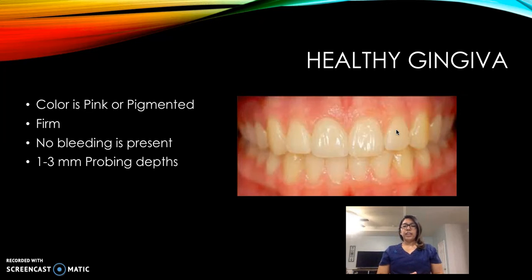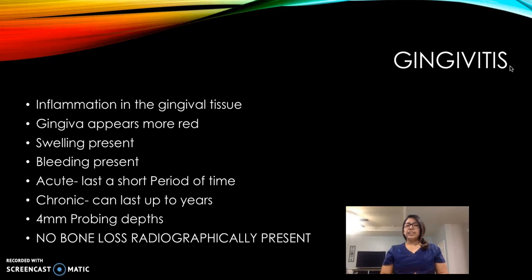If the patient does not have proper home care and the bacteria just stays in the mouth, it can progress to the first stage of periodontal disease, which is also known as gingivitis. Gingivitis is the inflammation of the gingival tissue.